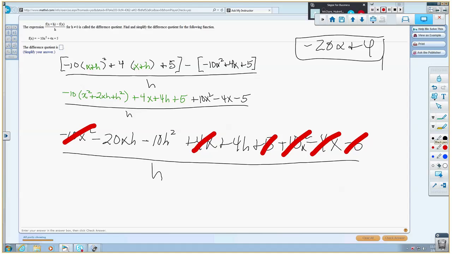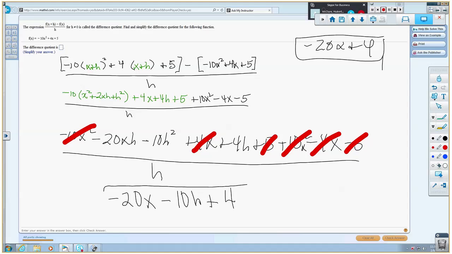So negative 20xh divided by h is negative 20x. Minus 10h plus 4.